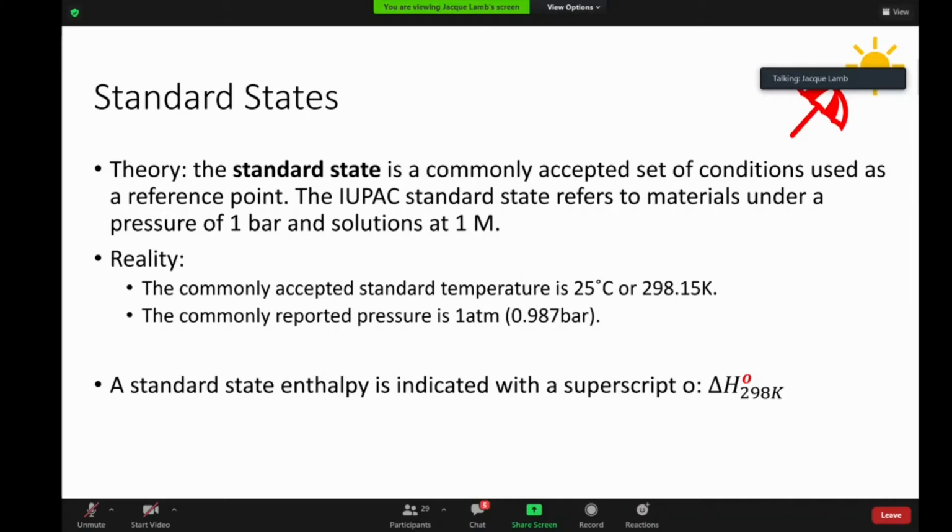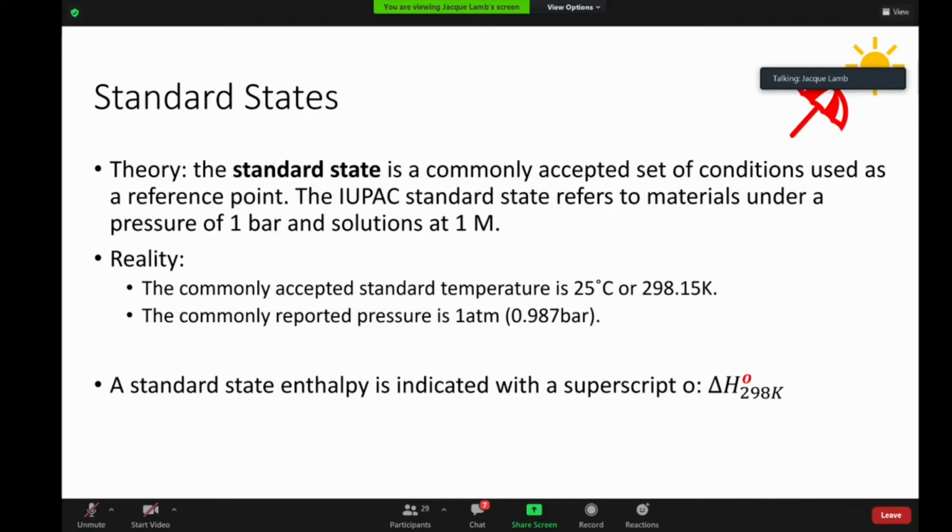They vary, so you have to have a reference point. The standard state is the reference point. Okay, so this is what we call special enthalpies.